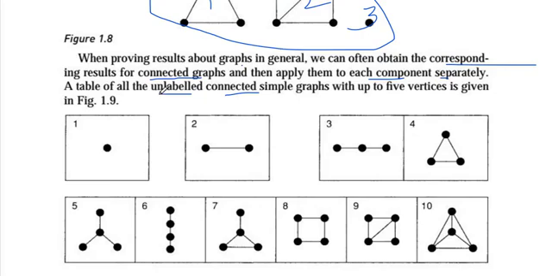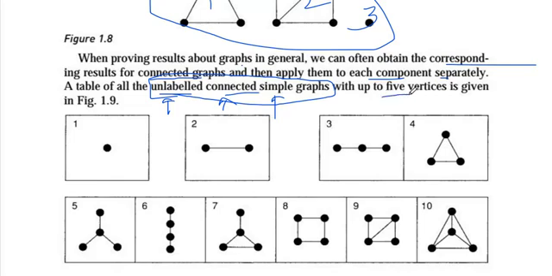They have combined four terms. We have studied unlabeled, connected, and simple graphs, with up to 5 vertices.